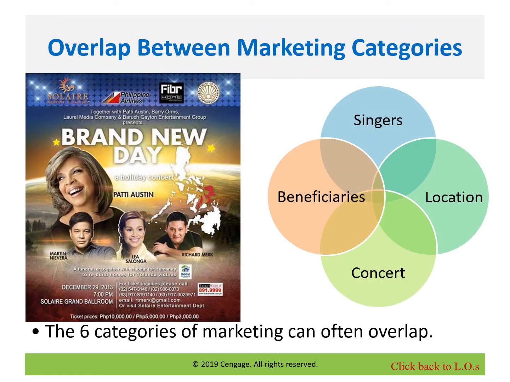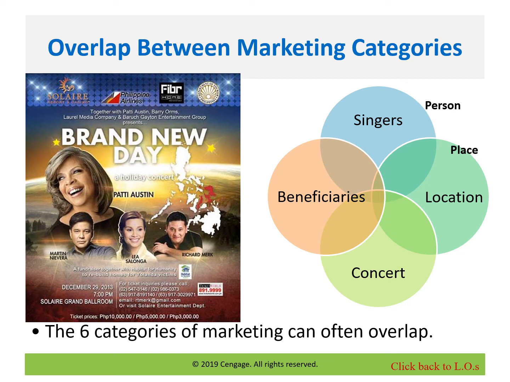Take note that the different categories may overlap. For example, this concert is a concert for a cause. Marketers of this event must promote the singers or performers of this concert, so that makes person marketing. This concert will be held at a particular grand ballroom of a hotel, so they need to market the location as well, which constitutes place marketing.